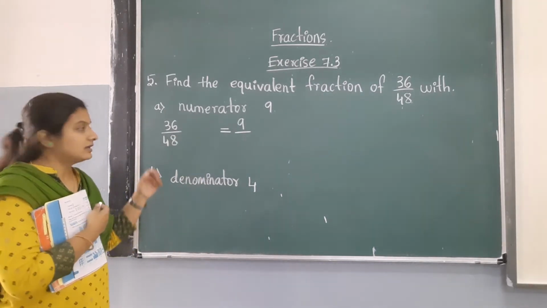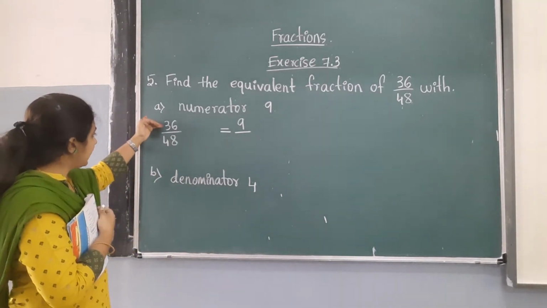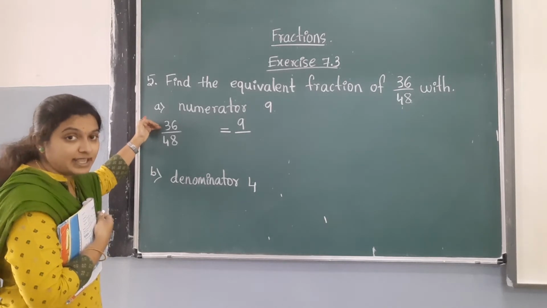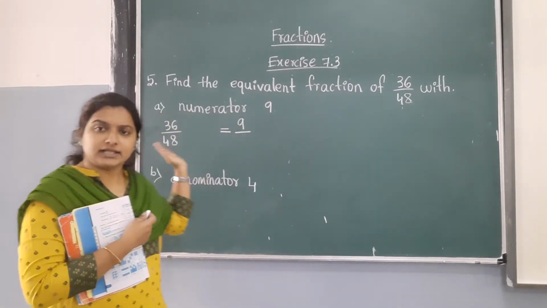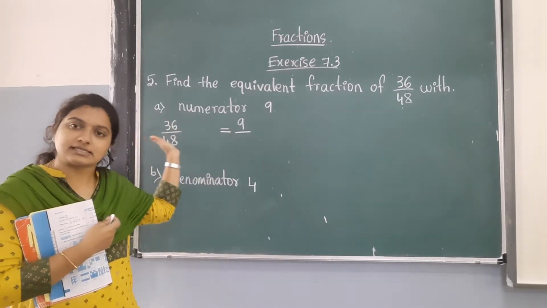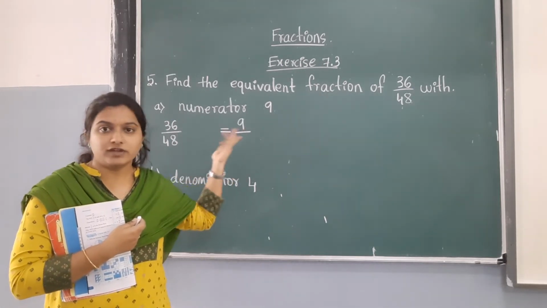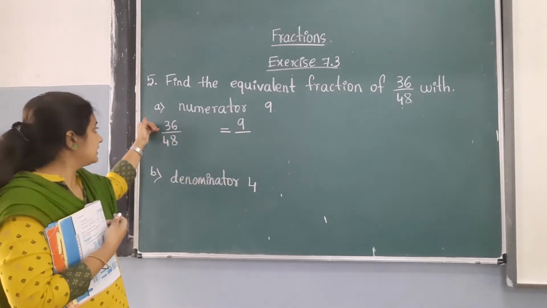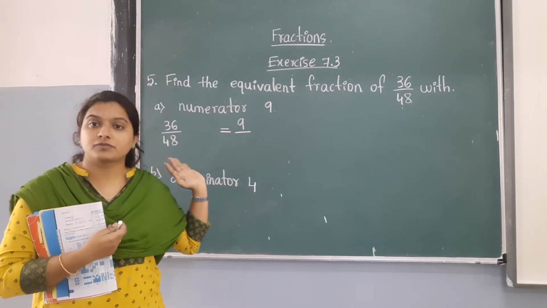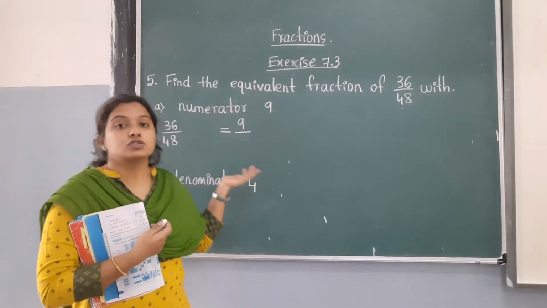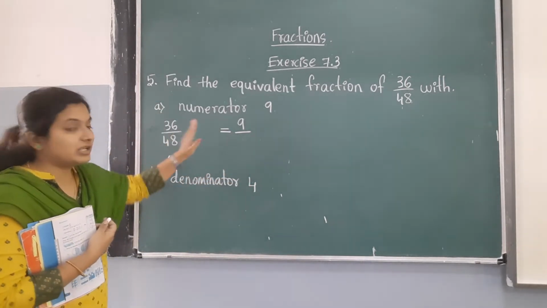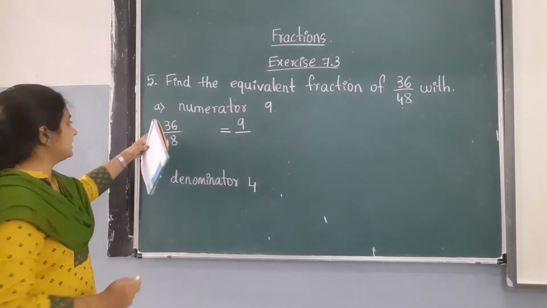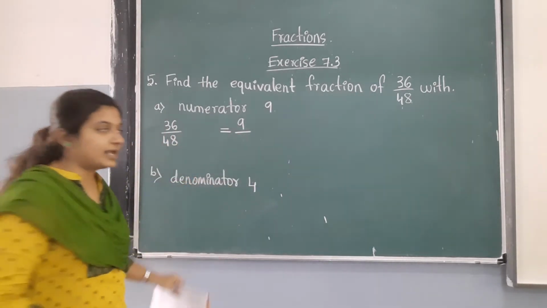So now tell me children, in 36, 9 is there. In the 36 table, is 9 there? Can we say the 36 table? No, we don't know the 36 table. So we don't know whether it is there or not. So what to do? We have to divide, children. 36 divided by 9.